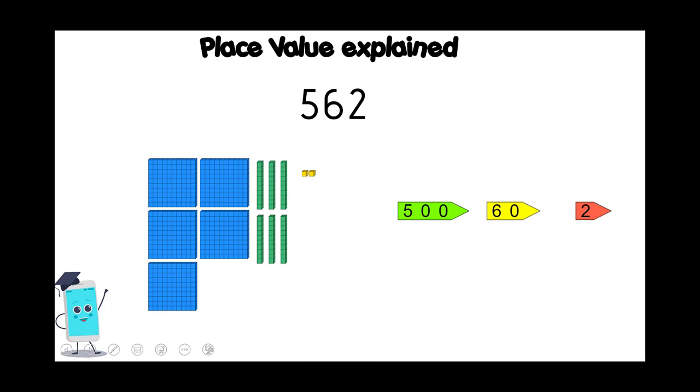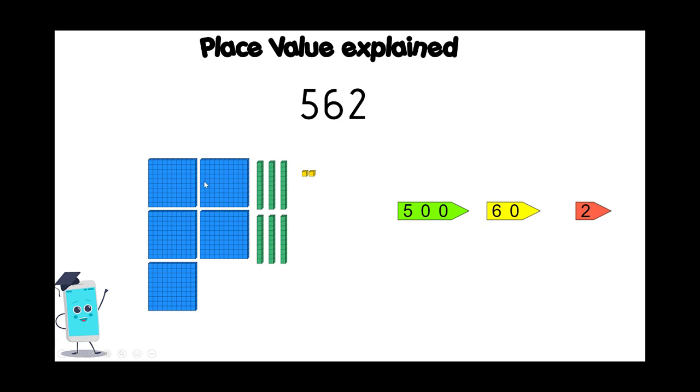Now, when we look at place value, what we're trying to do is to understand the value of each digit. And the value of each digit will change depending on what place it is in. So we're going to look into that a bit more on our next screen. So if we take our 562, you may have used some resources in school which look like this. You may have the Deans, or you may have arrow cards.